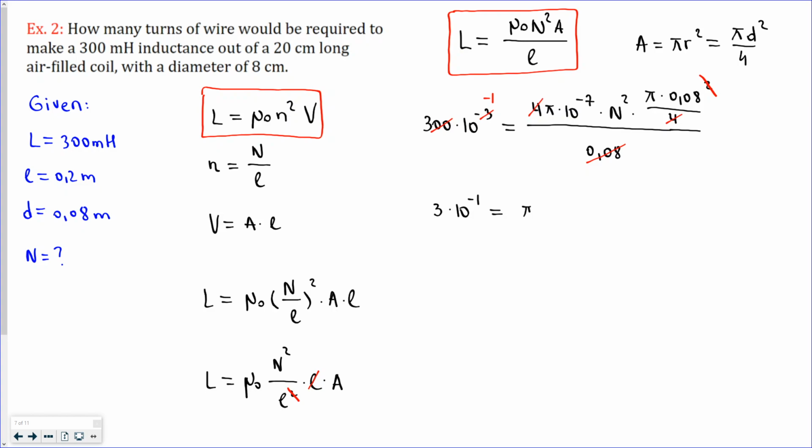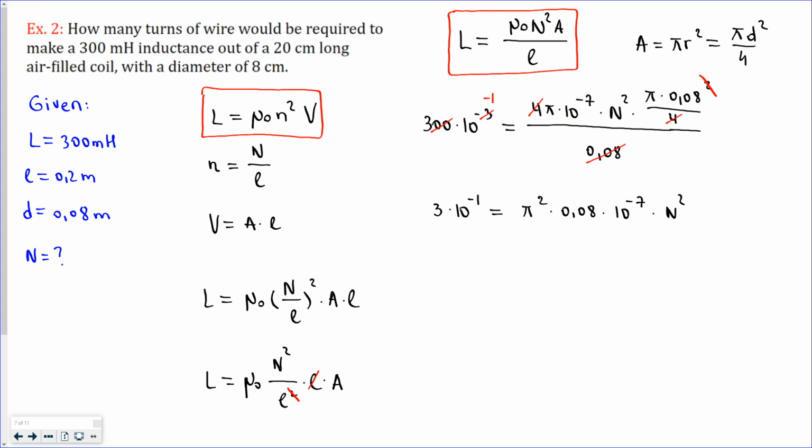Pi, here we have 1 pi and here a second pi, we can say pi squared times 0.08 times 10 to the minus 7 and times N squared. And let's be sure that we haven't missed anything here. So it seems we haven't missed anything.